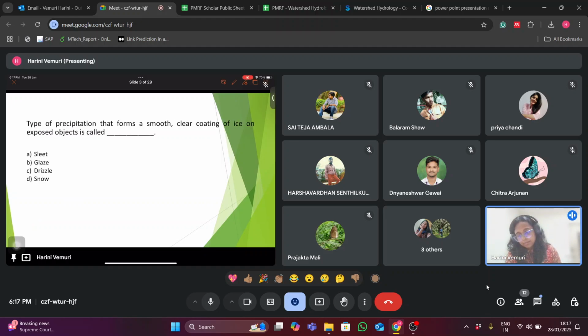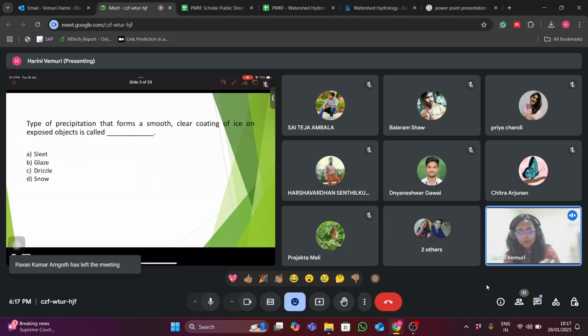So the second question is, the type of precipitation that forms a smooth, clear coating of ice on exposed objects is called. Someone has replied option snow, but it's wrong. Snow is when it falls from the atmosphere in snow form, right?